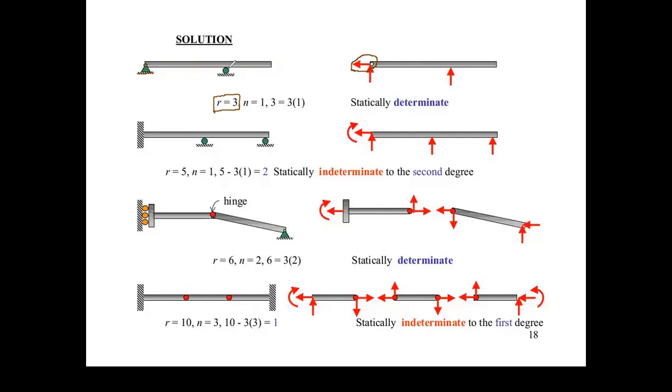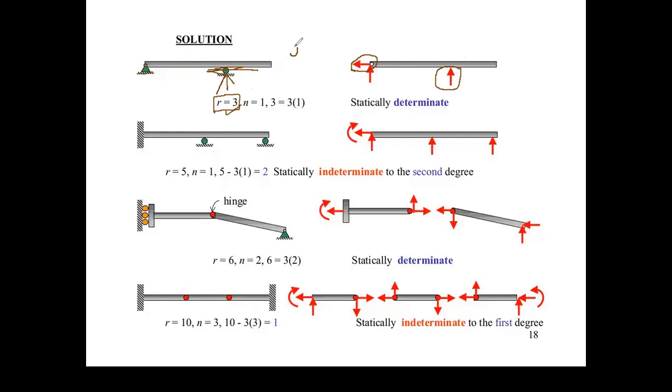This is a roller support. Roller means it can rotate clockwise or anti-clockwise. It can move in the horizontal direction, but it is restricted in the vertical direction. That means how many unknowns are there at this point? One. Total number of R comes out to be 3: 2 here and 1 here.